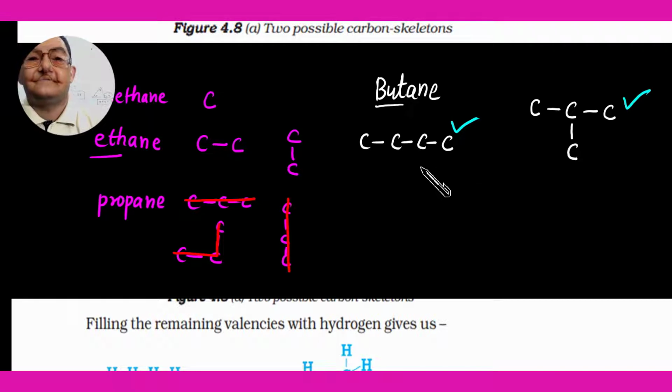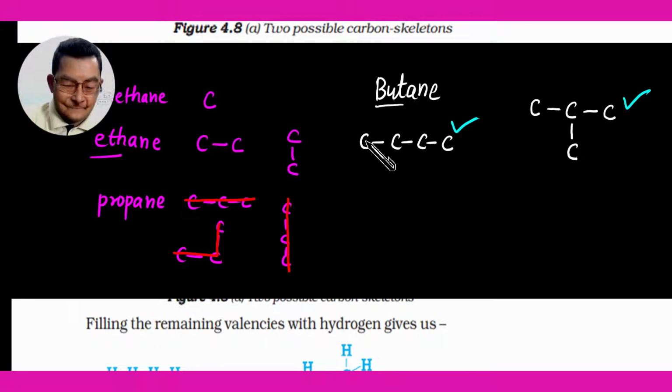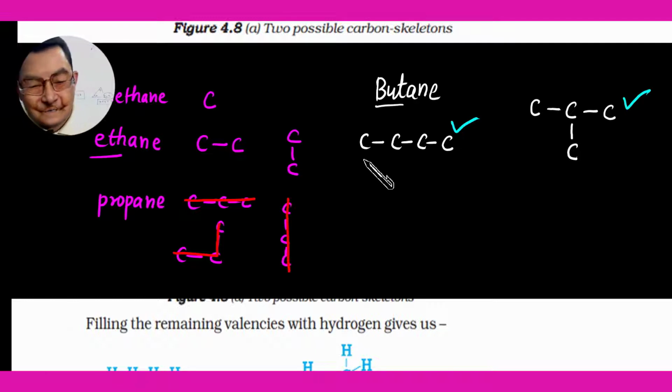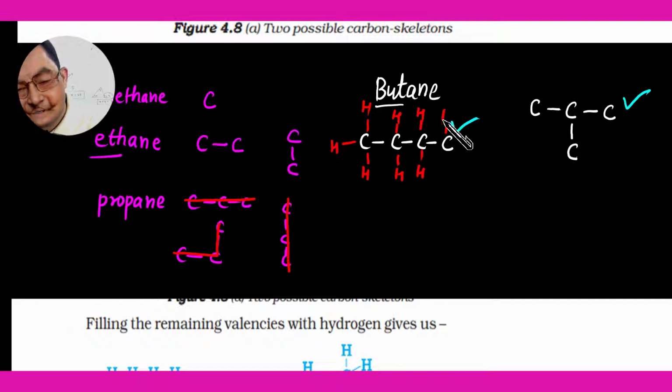Let's take this one, and put hydrogen over here. So how do you put hydrogen in this? 1 valency is already over, 3 are left. So H, H, H. See this way?